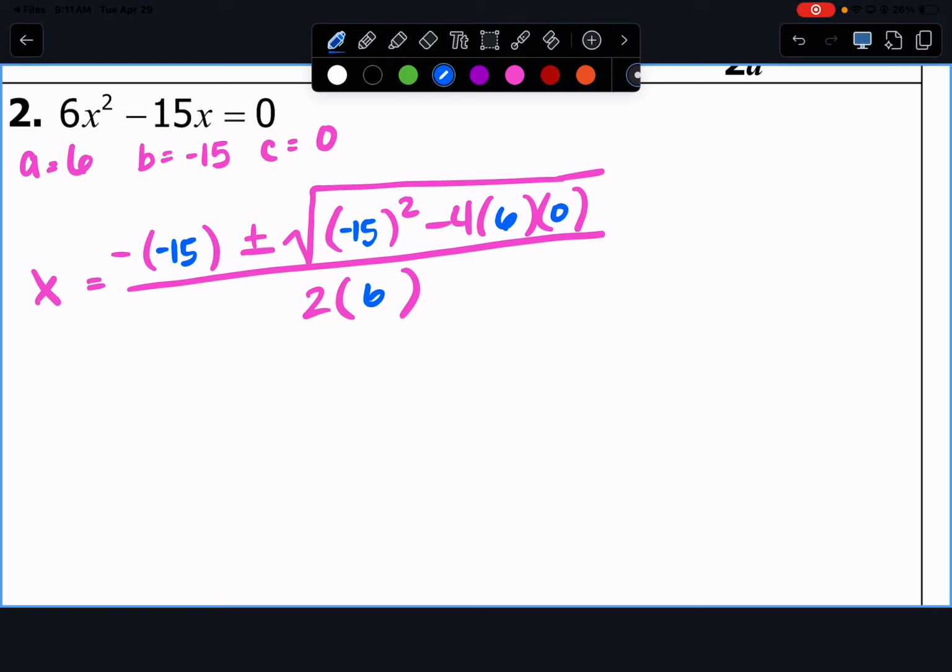All right, now, let's simplify what we can. A negative and a negative make a positive. And we have plus or minus the square root of, what is negative 15 squared? Use your calculator.